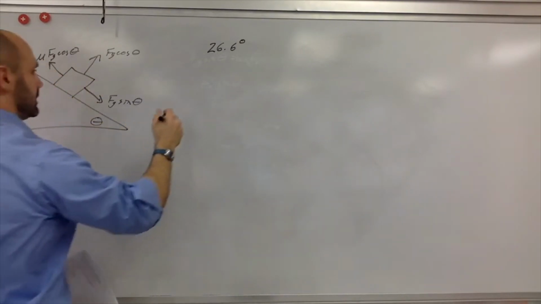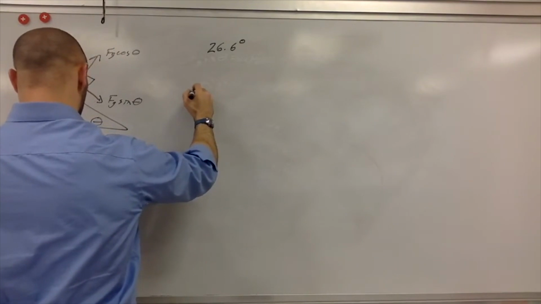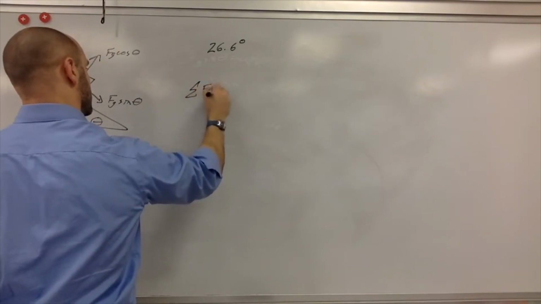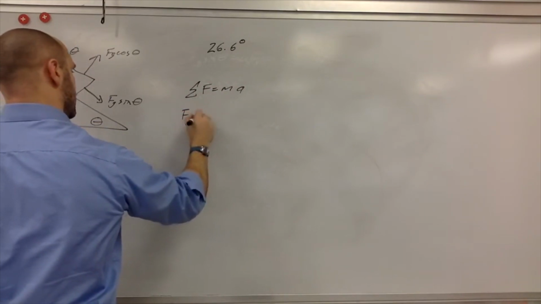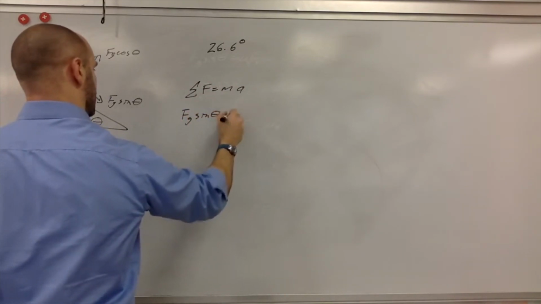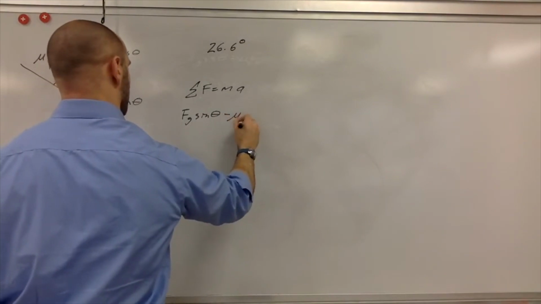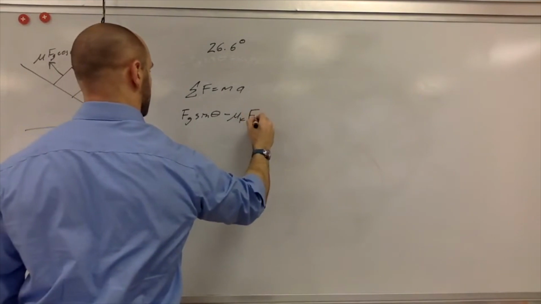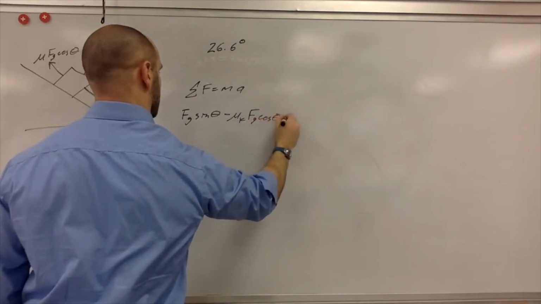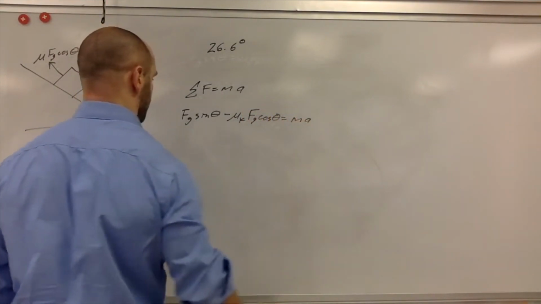kinetic friction here. And so I'm looking for the acceleration, so net force is ma. What are the net forces on it? Fg sine theta minus mu k Fg cosine theta, and that's equal to ma.